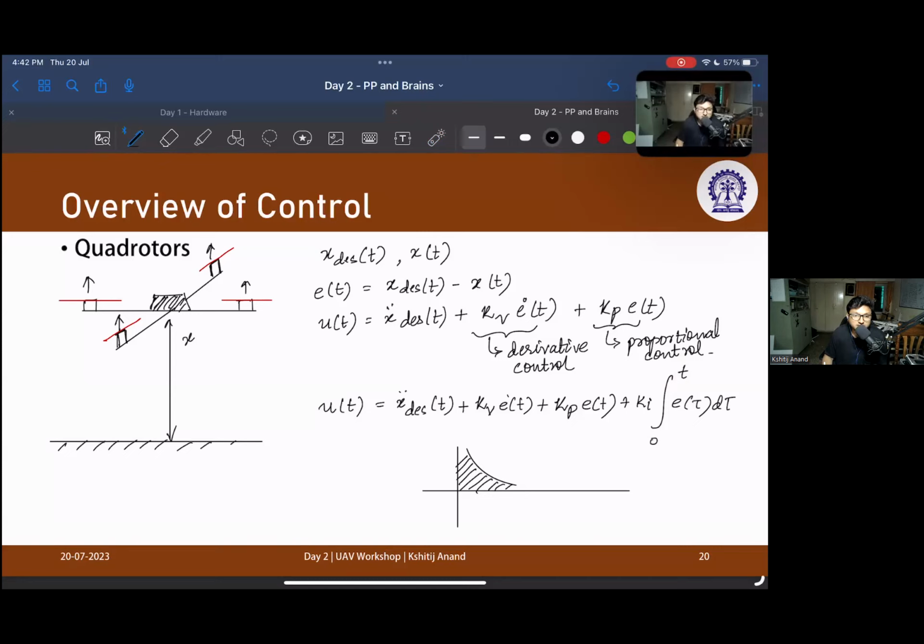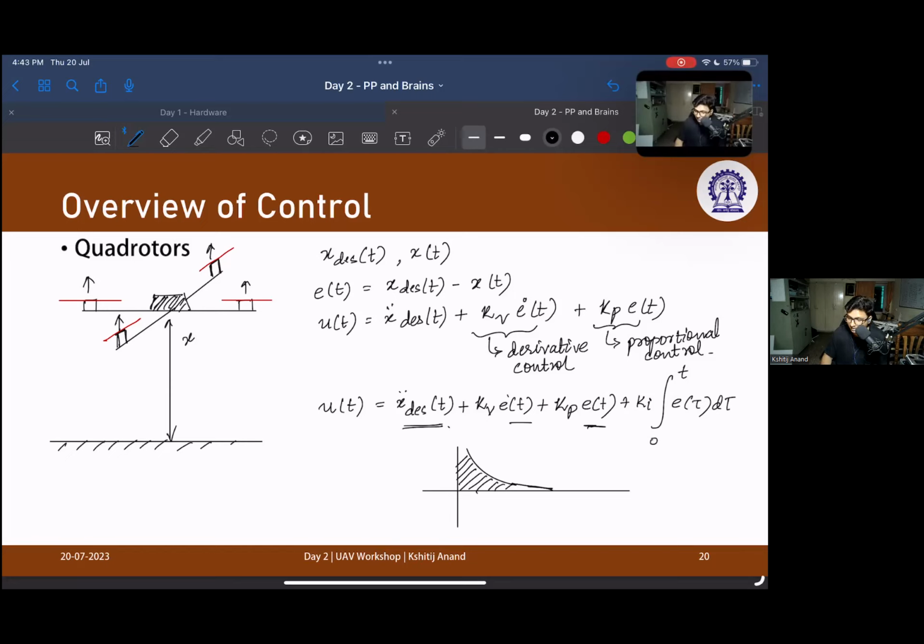Now what is happening? Let's say you reach the desired one, okay. So now it might happen that your error term becomes zero, your error derivative becomes zero, okay. But then your desired trajectory, the first term, this also needs to be cancelled, right? So this gets cancelled with the integral term.